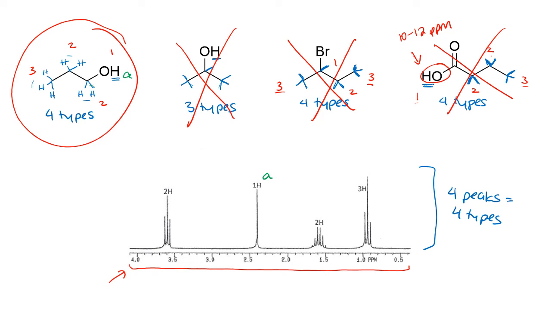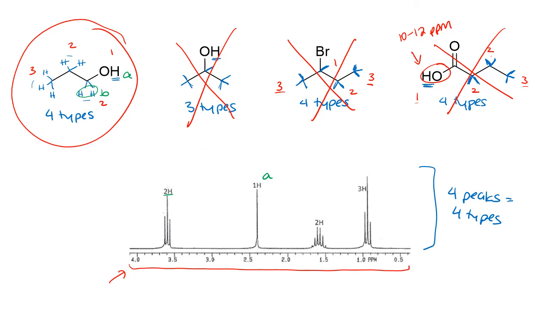Next, we have 2 hydrogens here. I'll go ahead and call them group B. Now these 2 hydrogens are very close to the oxygen. Because they're close to the oxygen, it would make them come out further to the left. Now if we take a look at this peak more towards the left, it is made up of 2 hydrogens. We can also verify the splitting.